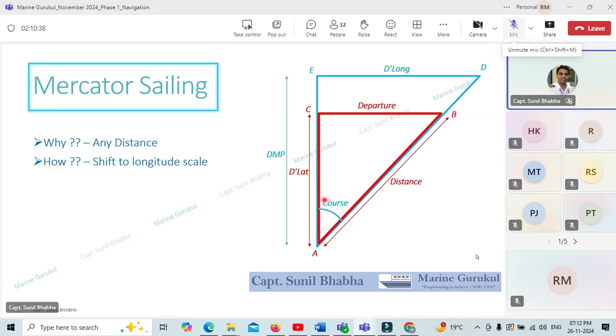But if the same side is measured on the longitude scale, it gives us the DMP, difference of meridional parts. Meridional part is basically 1 minute of longitude. So DMP between the initial and final position is basically the number of times 1 minute of longitude can be placed between our initial position and our final position.